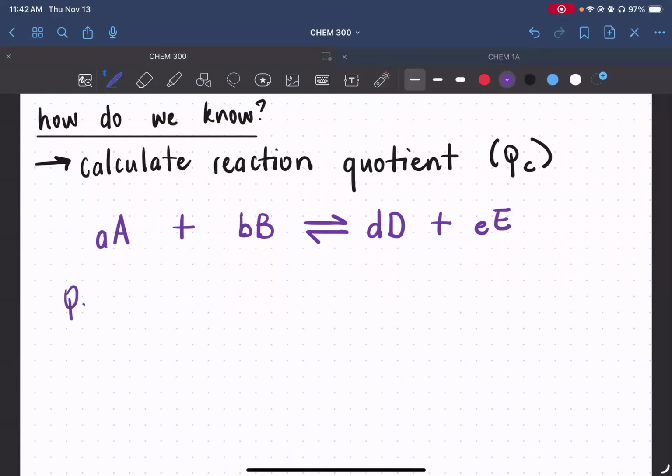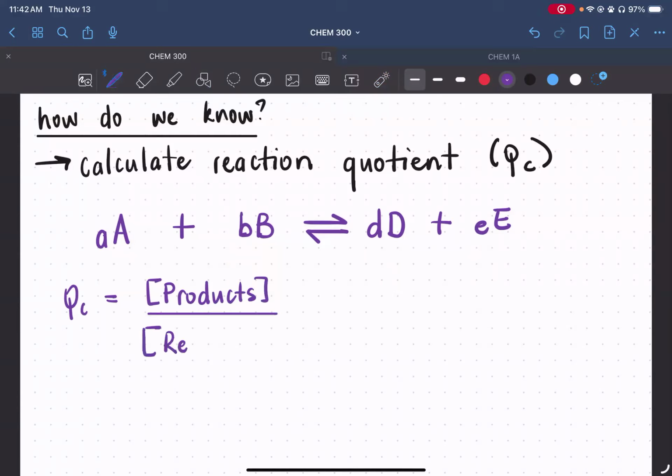The reaction quotient Qc is equal to the concentration of the products divided by the concentration of the reactants, where the concentrations are raised to the stoichiometric value of the products and reactants.